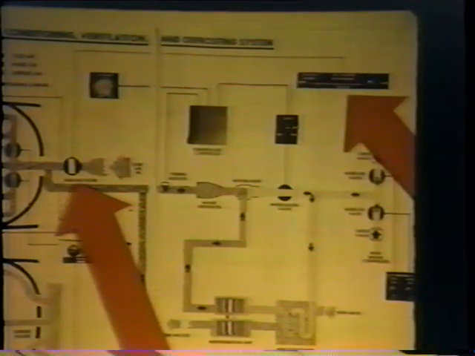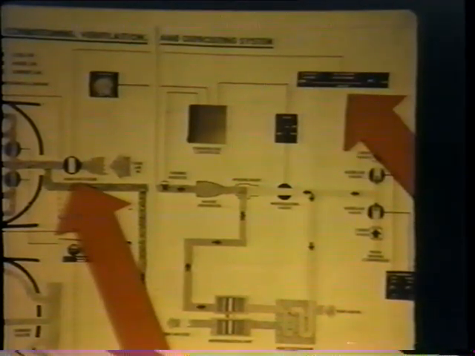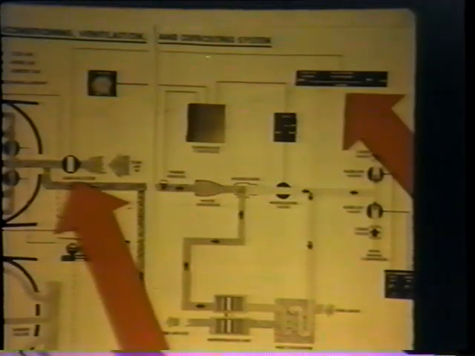Selecting the open position opens the ram air door located just forward of the windscreen. This allows ambient air to enter the cockpit.